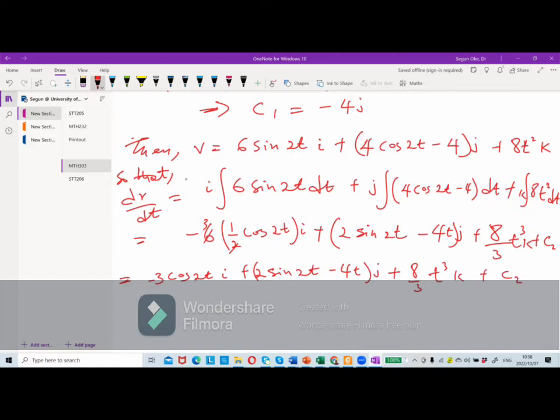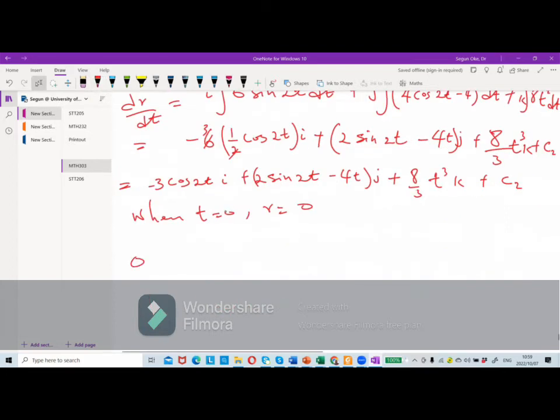So at this point, putting r equals 0 when t equals 0, what happened to this particular equation?